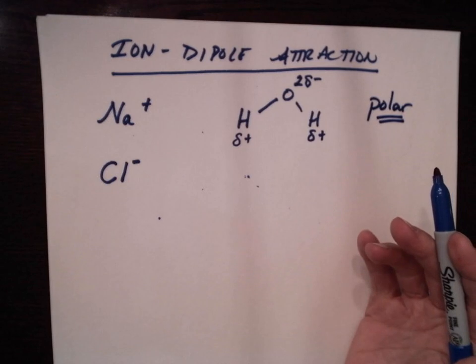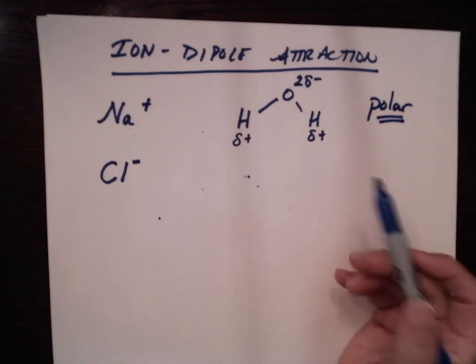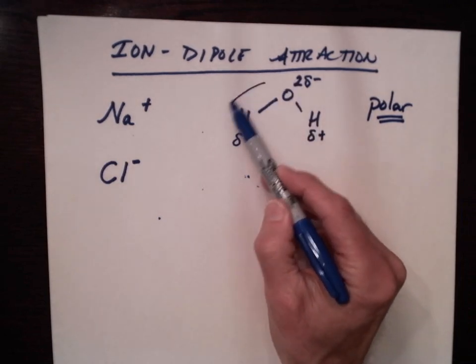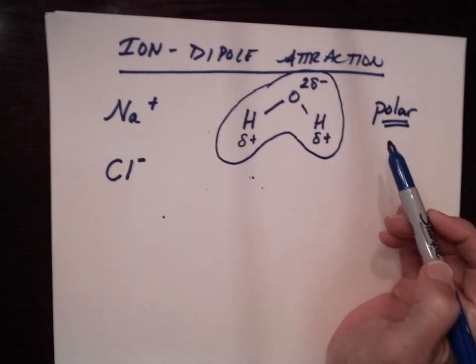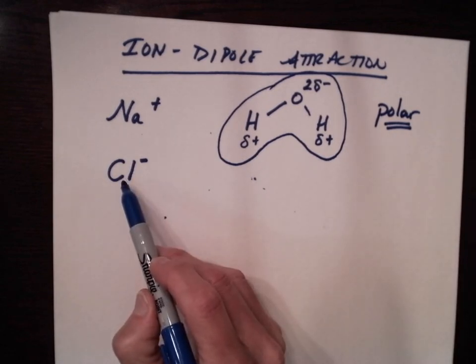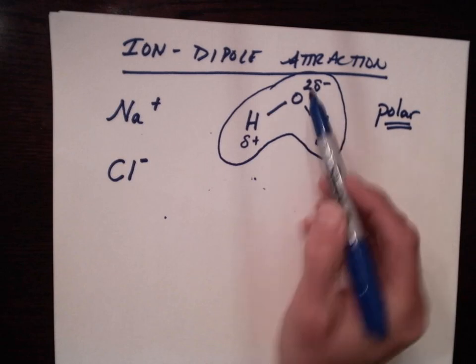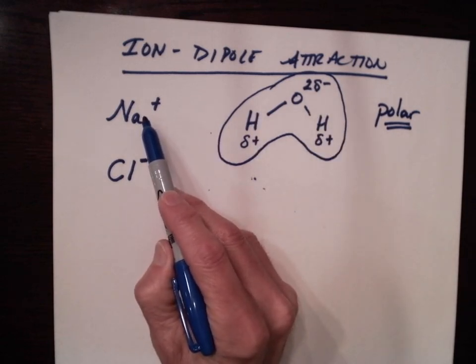And just from electrostatic interactions, remember opposite charges attract, we're going to know that part of this water molecule, you should know which one, is going to want to be attracted to the chloride ion, whereas another part of this water molecule will want to be attracted to the positive sodium ion.